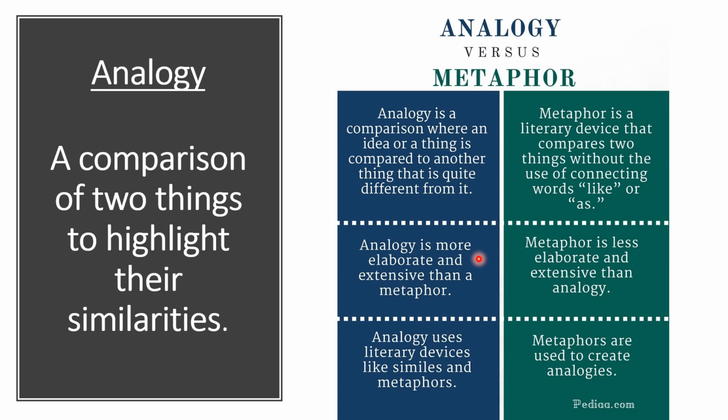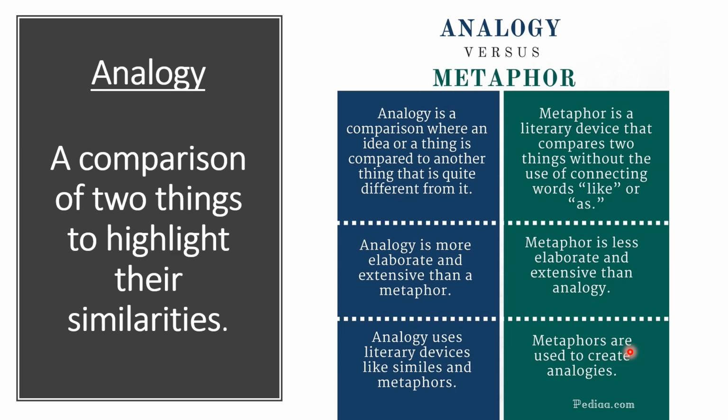An analogy is also much more elaborate and extensive than a metaphor. It's often extended through a longer section of writing, whereas a metaphor normally is one line, one sentence. And an analogy can use literary devices like similes and metaphors, but metaphors are used to create analogies.